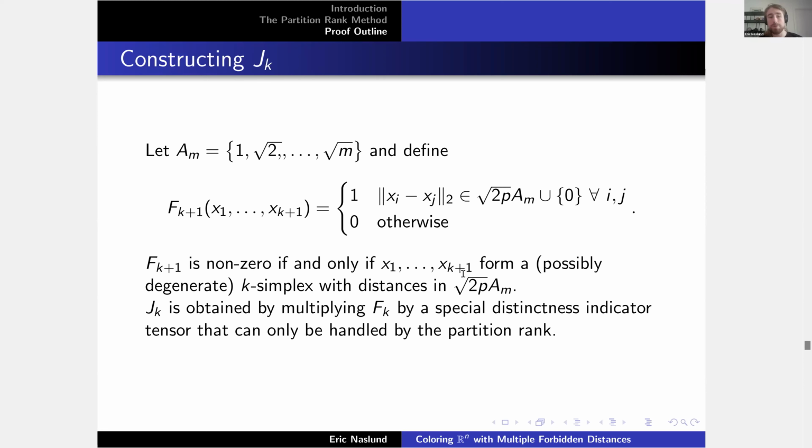This particular function can be written as just a polynomial in these distances, because each distance xi minus xj is a sum of squares of the sub-elements of xi and xj.